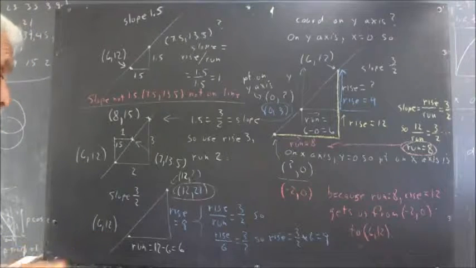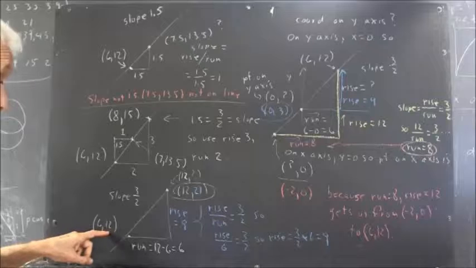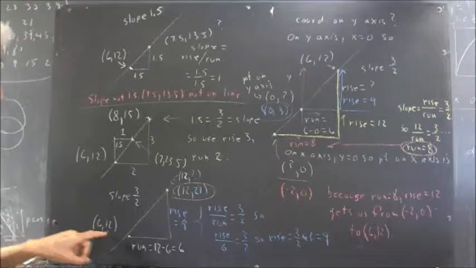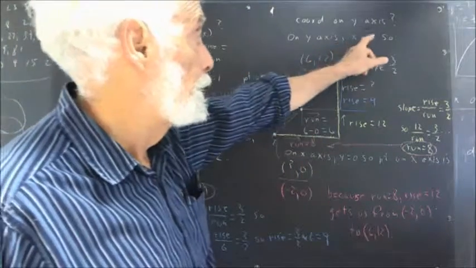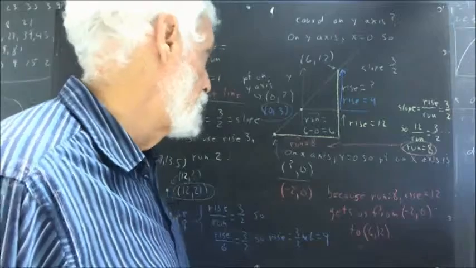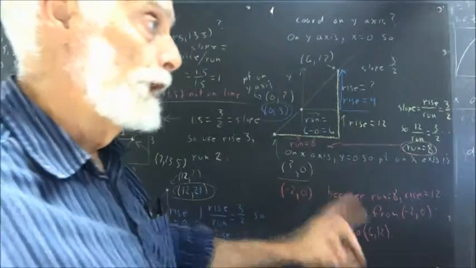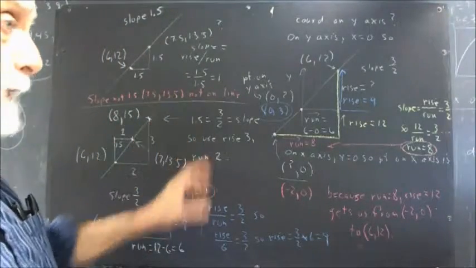We could plug in 12 for y to find the x value, solving the resulting equation. We could plug in 0 for x and find our y value. We could plug in 0 for y and find our x value using that equation.